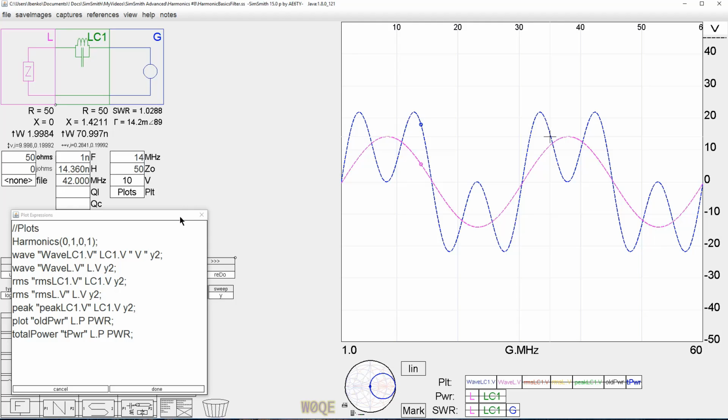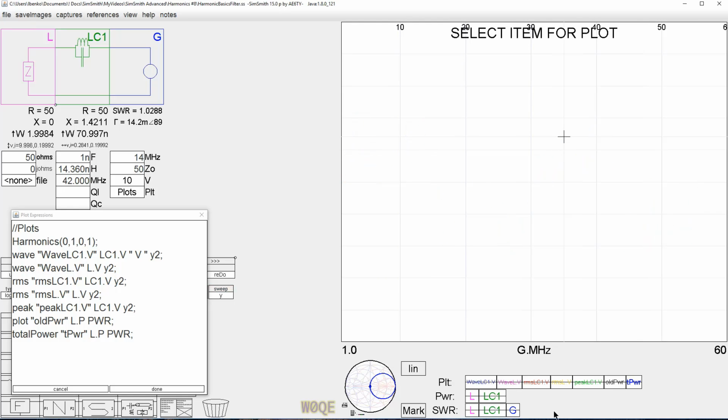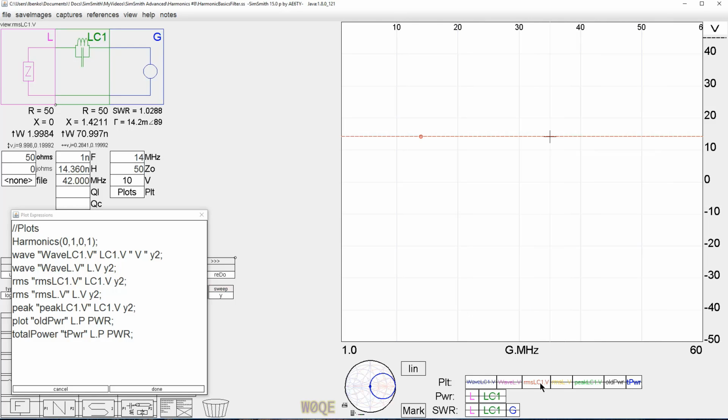However, if we sweep the frequency, which we are doing right here, the waveform doesn't show any. Remember, the waveform is kind of independent of sweeping. But these commands here are not independent of sweeping. So let's get rid of these two commands, and let's look at the RMS value right here. That's RMS LC1.V. We'd expect that to be a constant voltage, and it is.